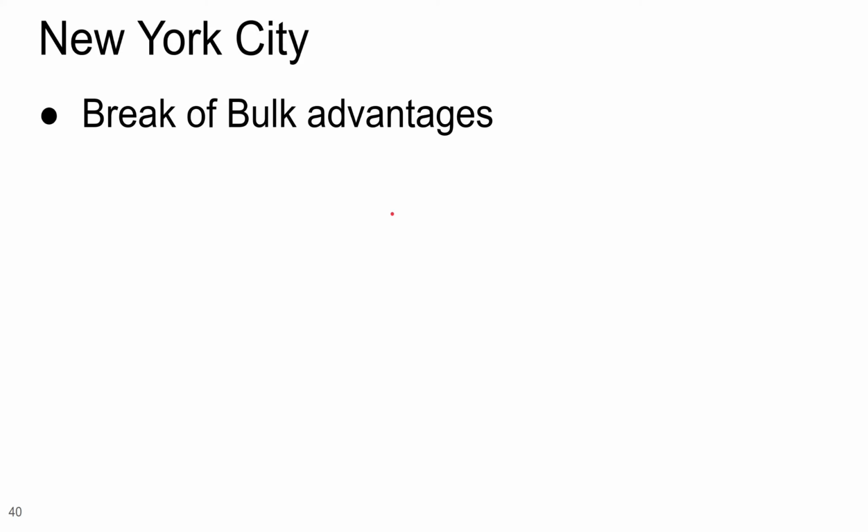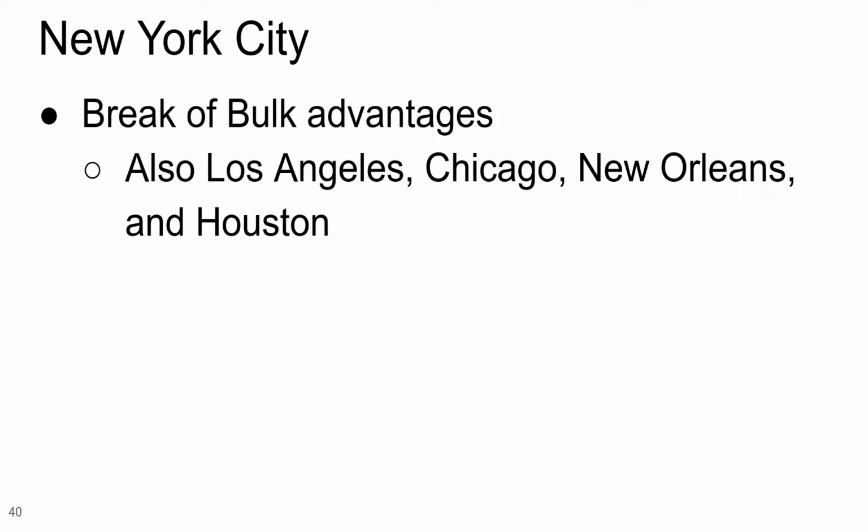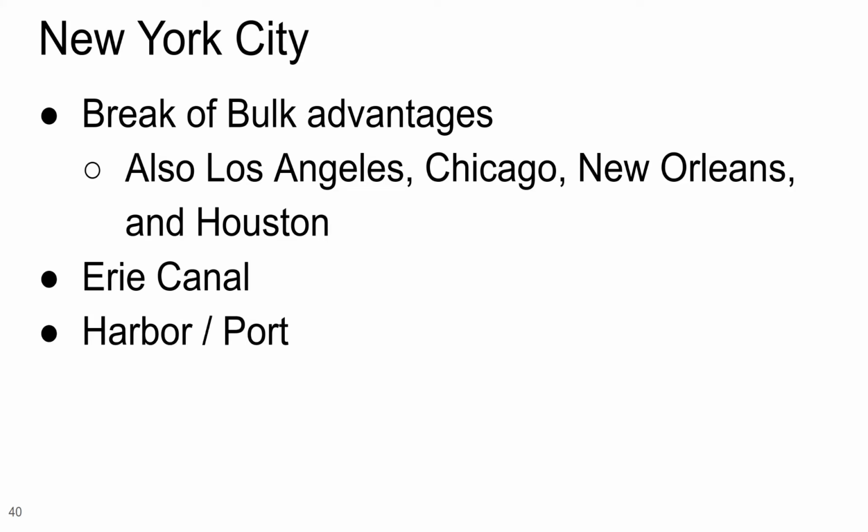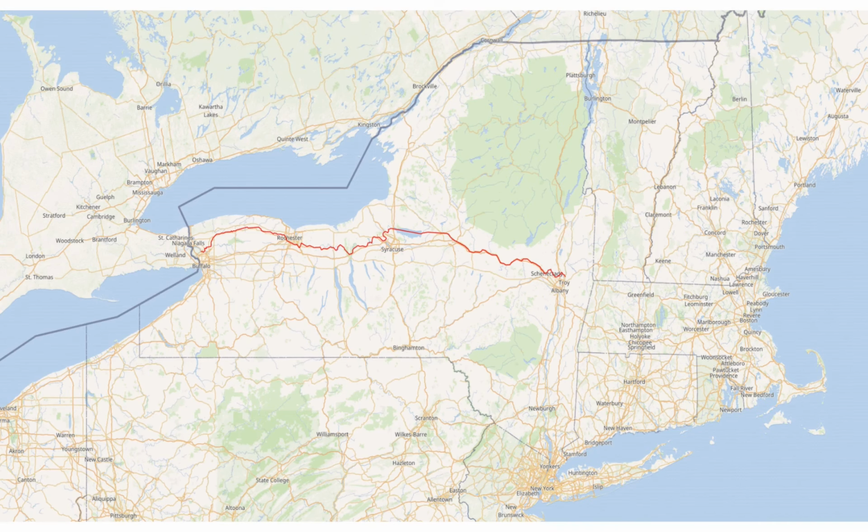New York City has break of bulk advantages. Also, Los Angeles, Chicago, New Orleans, and Houston are examples of cities that are partially there because of the break of bulk advantage. New York City also has the Erie Canal. They also have a harbor, the port. So here's the Erie Canal.